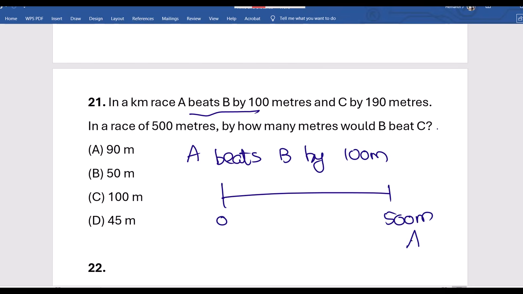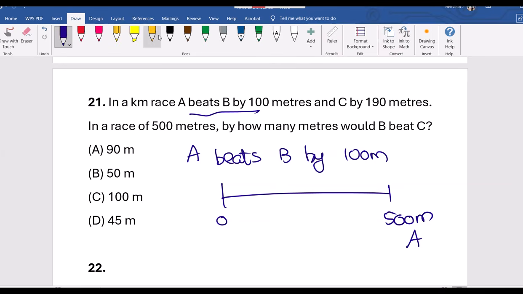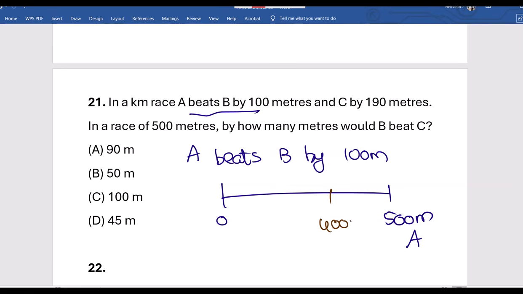Then only can he give the statement A beats B. And B covered only 400 by that time. Then I can say A beats B by 100. Clear?